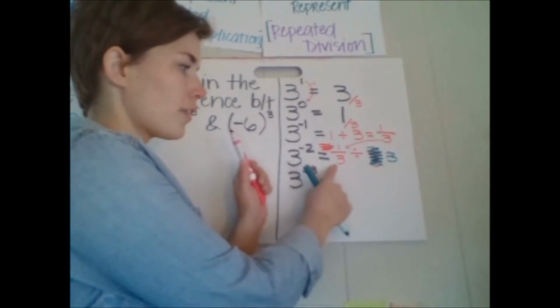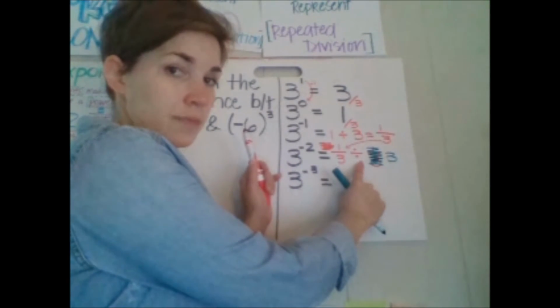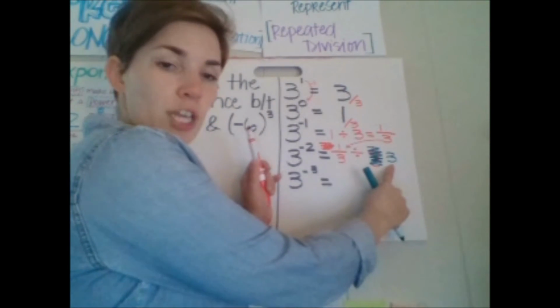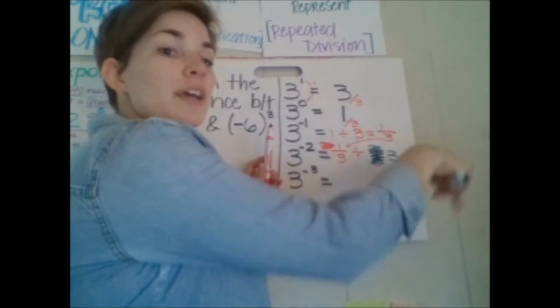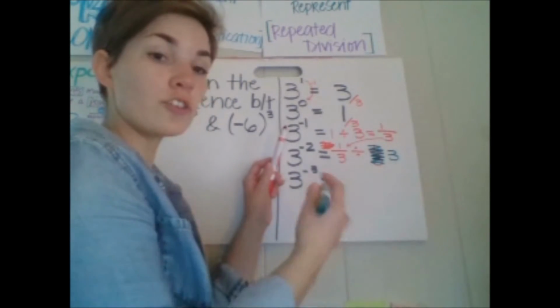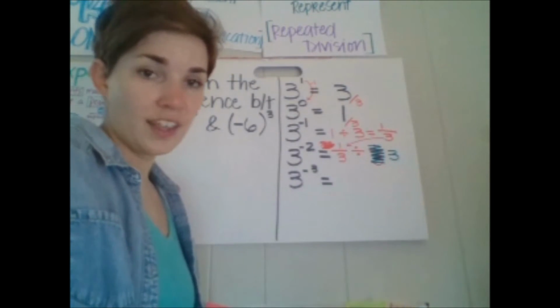So we're going to keep 1/3, change our operation to times, okay? And then we're going to flip our 3. So it's going to become 1/3, right? Because we can assume that anything that's just hanging out by itself, there's a 1 around there.